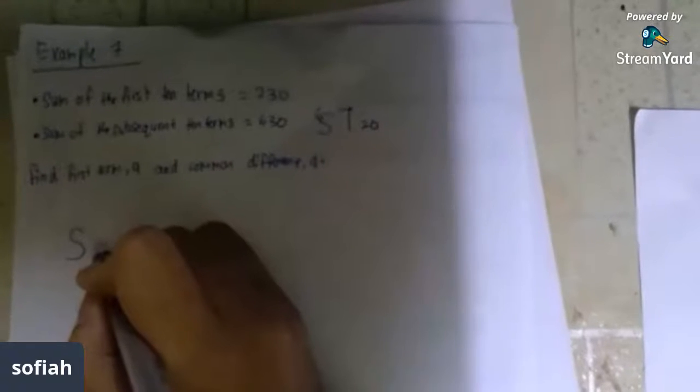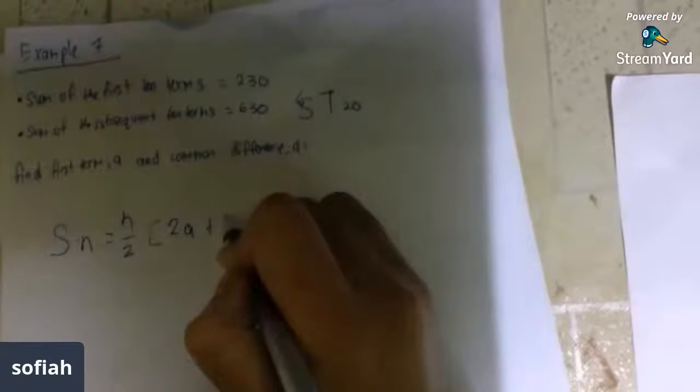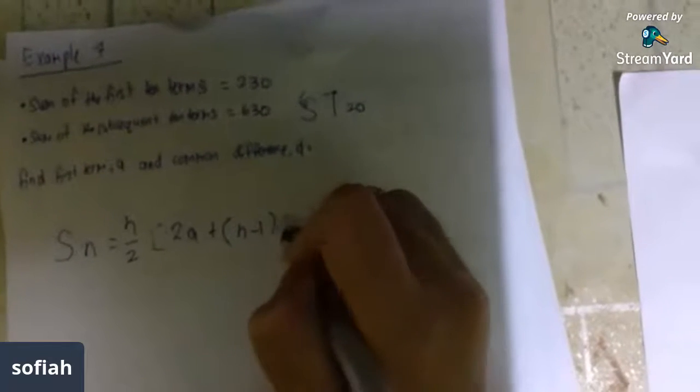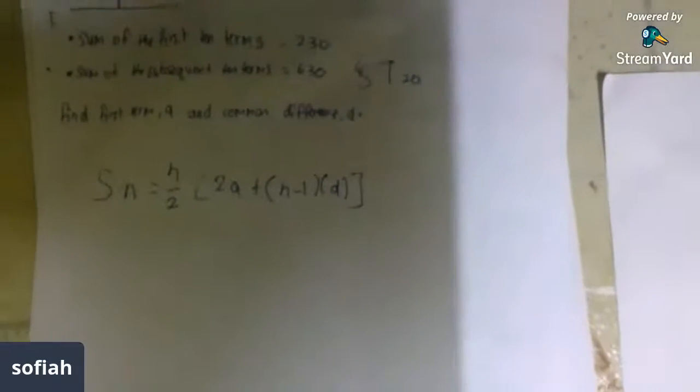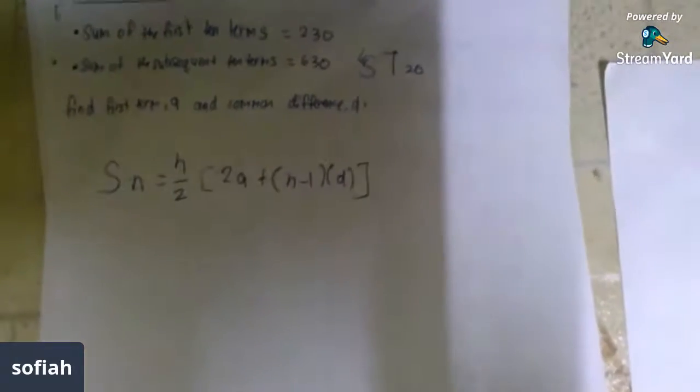So we know that the formula of the first n terms is Sn equals n over 2 (2a plus (n minus 1)d). Okay, that is the formula for the first nth term.